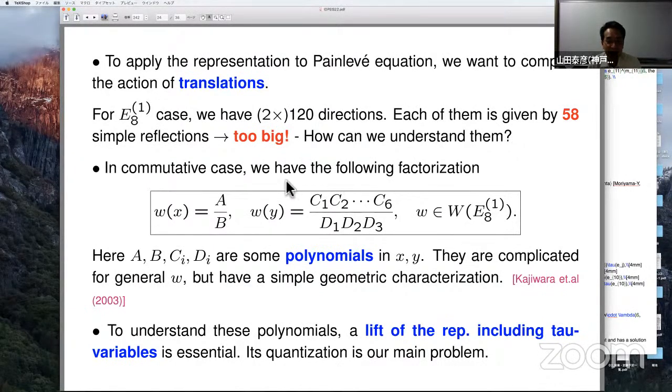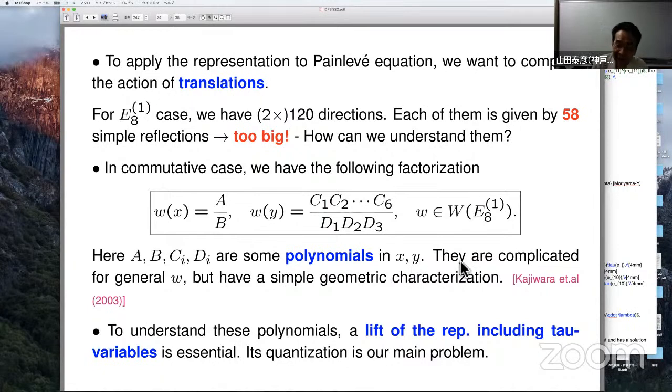Fortunately, in the commutative case, there is a very nice way to understand this action. For any Weyl group element w, the action on the variables x and y is given in this form, where A, B, C, and D are some polynomials in x and y.